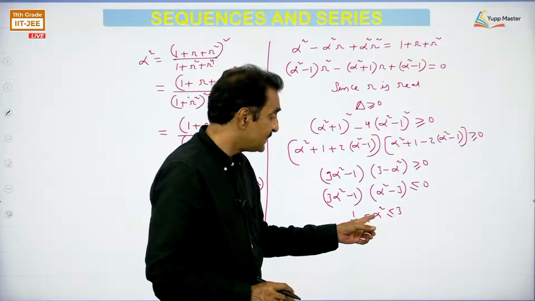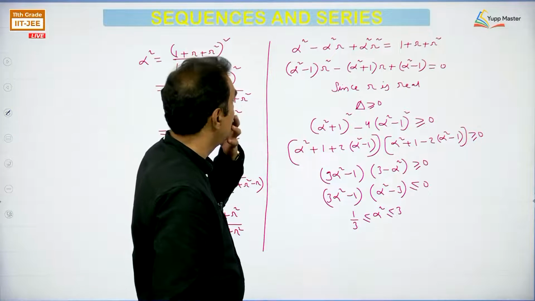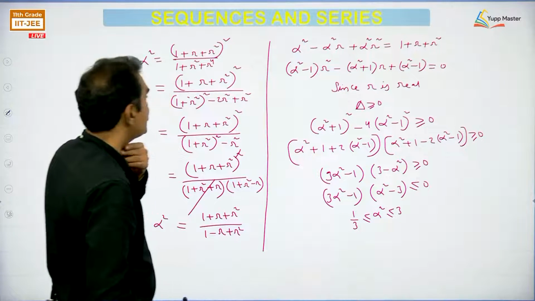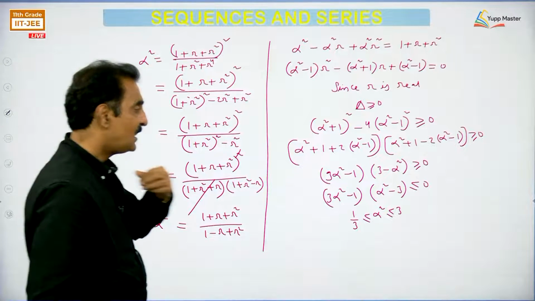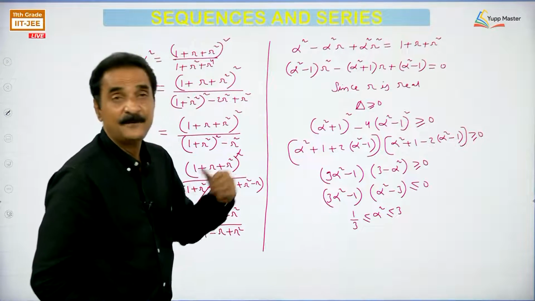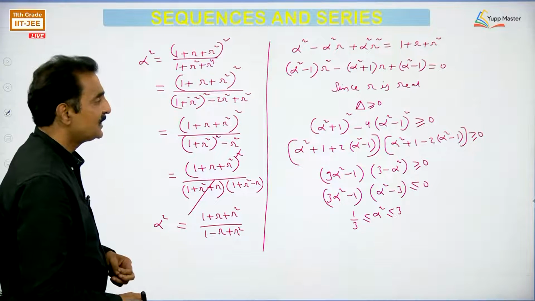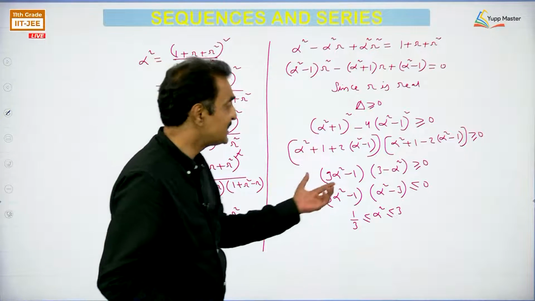But if alpha square is equal to 1 by 3, what happens? If alpha square is equal to 1 by 3 or alpha square is equal to 3, you can observe that discriminant is 0.